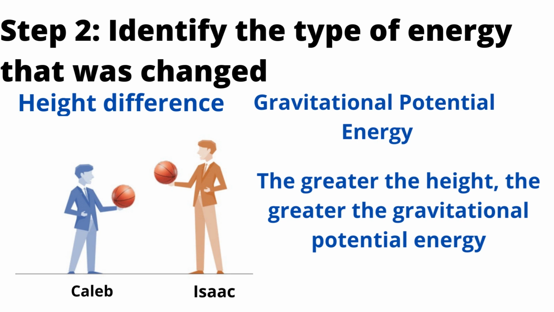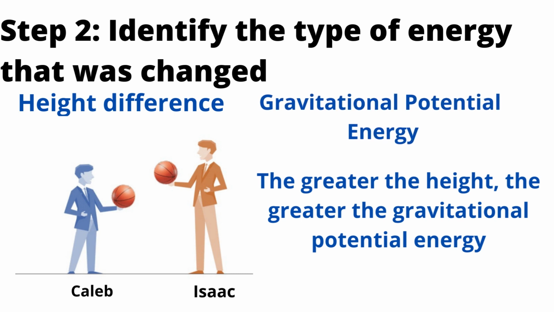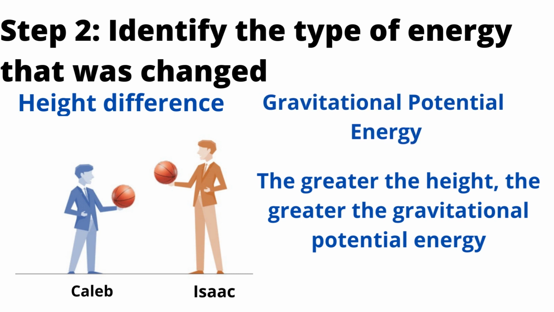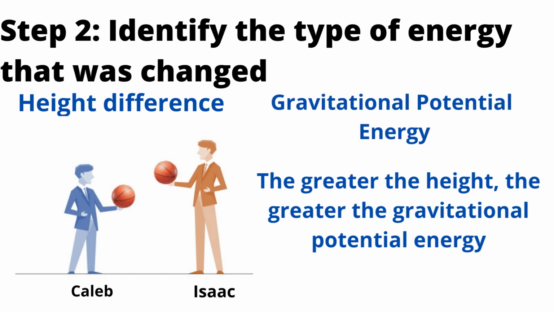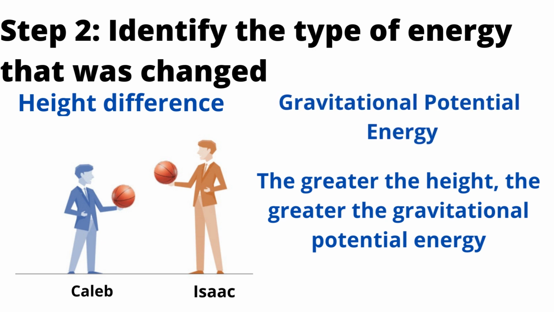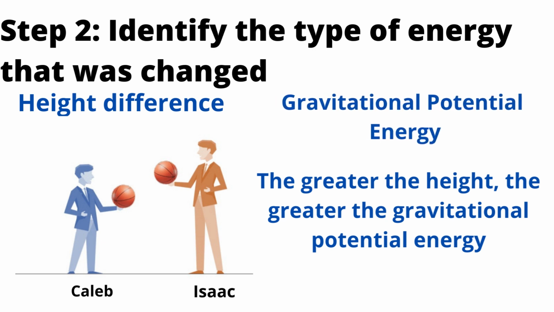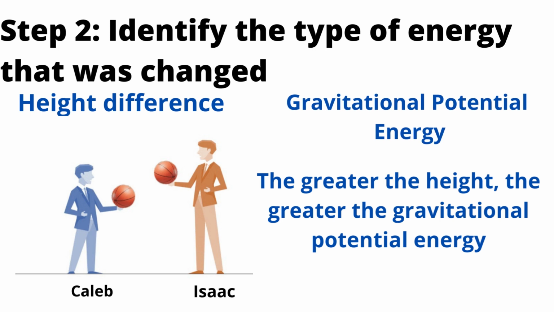Now, in this case, they are asking whose basketball will make a greater sound. Since there is a difference in the sound energy that's produced, the difference must come from a change variable. Looking at the diagram, it's quite obvious that the change variable here, as we have already mentioned, is the height difference.